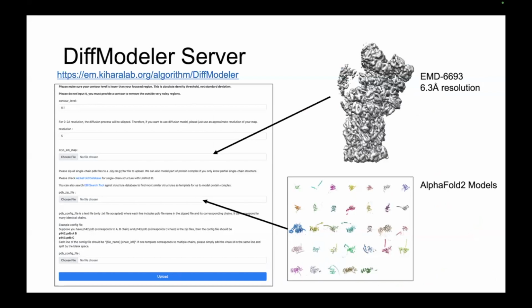So if you don't have a GPU card, or if you don't have enough resources, we are also releasing the code and also the servers. So please freely try our DiffModeler server. It has completely the same functions. You input the density map and upload the AlphaFold2 structure here, and it automatically assembles the model.